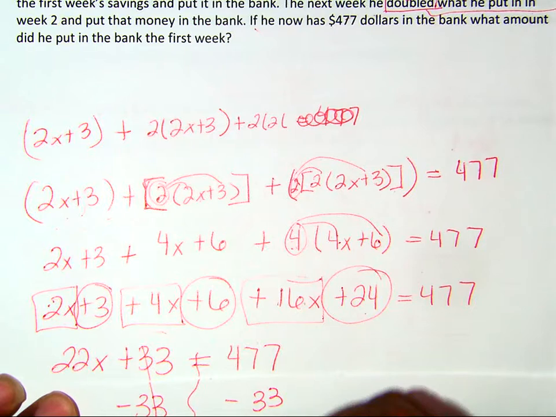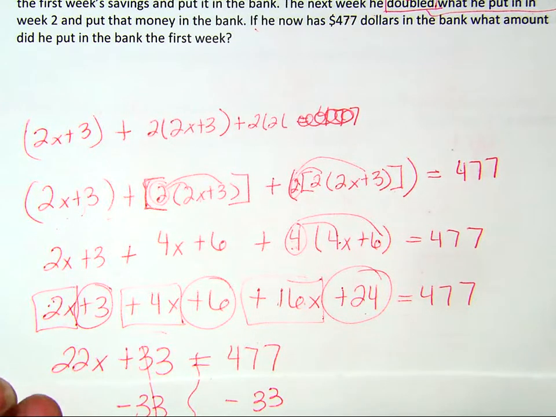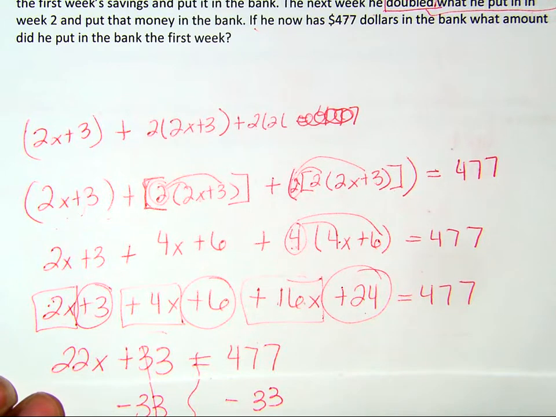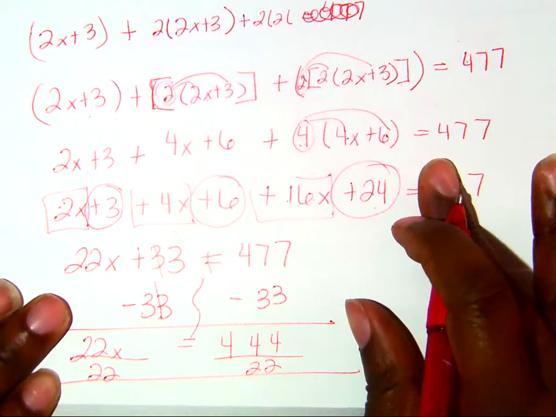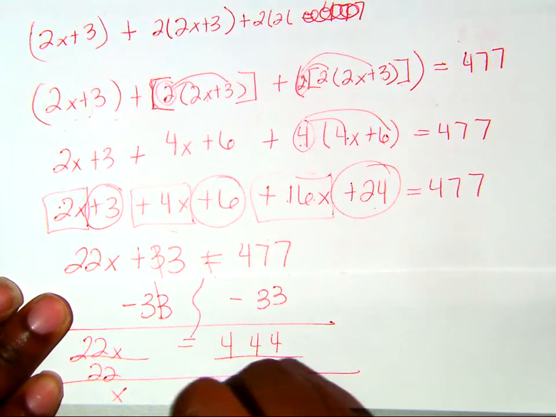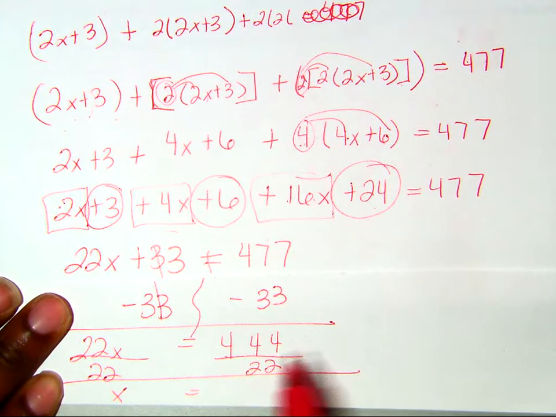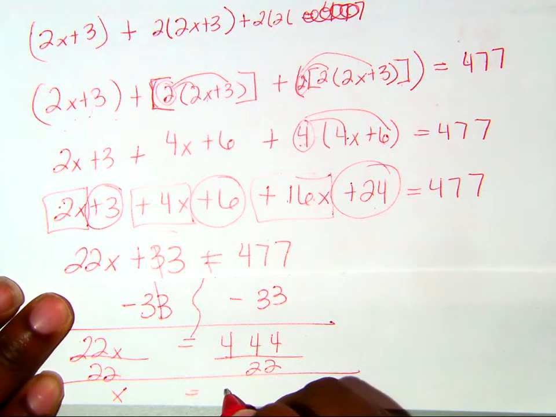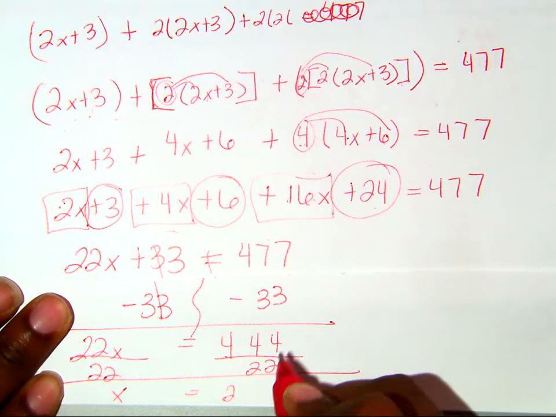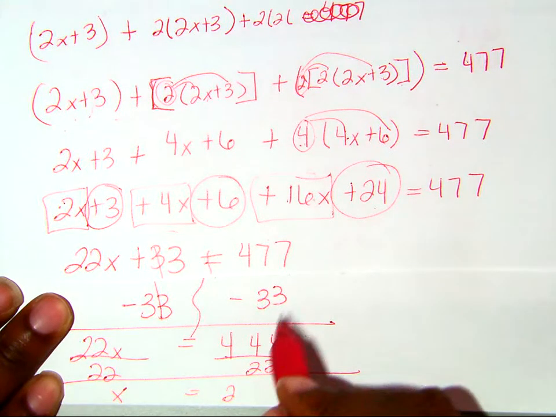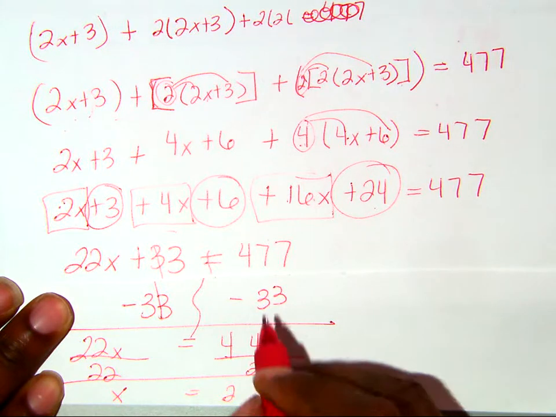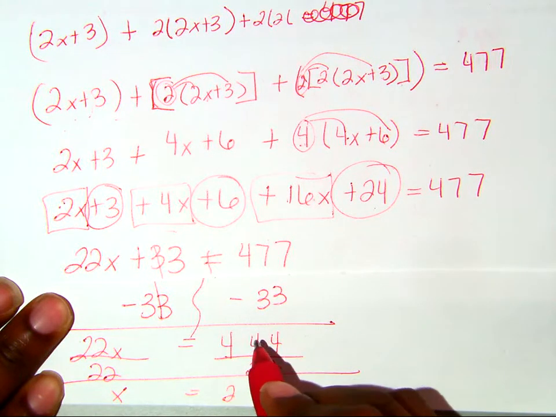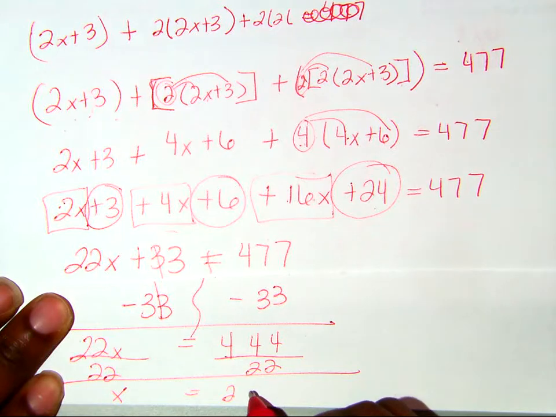Divide by the coefficient of x. X equals 444 divided by 22. That goes in there 2 times. Zero.